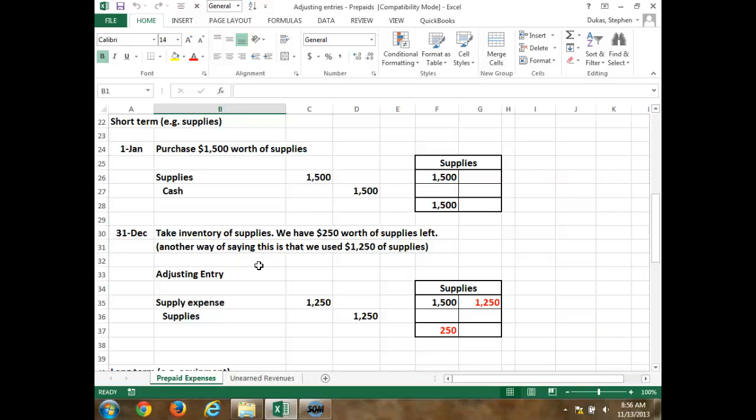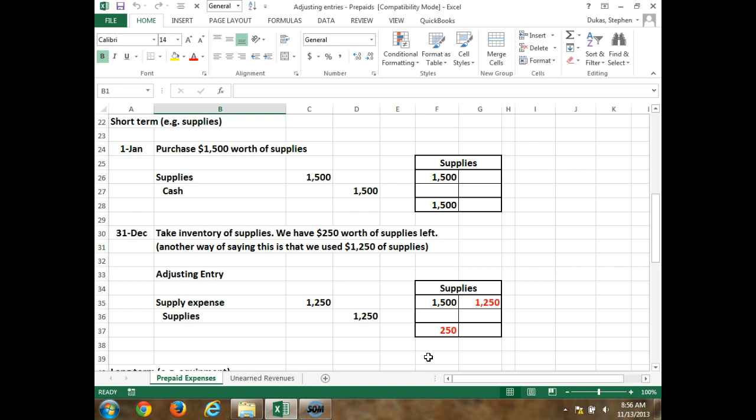And we have to do an adjusting entry reflecting the fact that $1,250 of supplies have actually been used. So in this case, we recognize a supply expense and we credit supplies. The supplies account has gone down by $1,250 and the ending balance is $250.